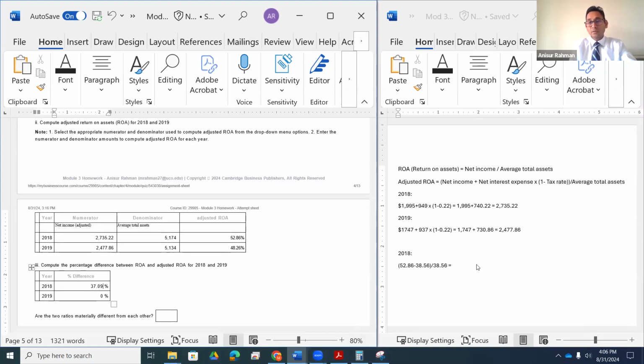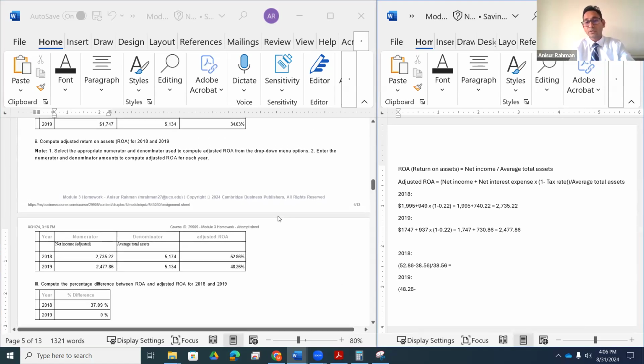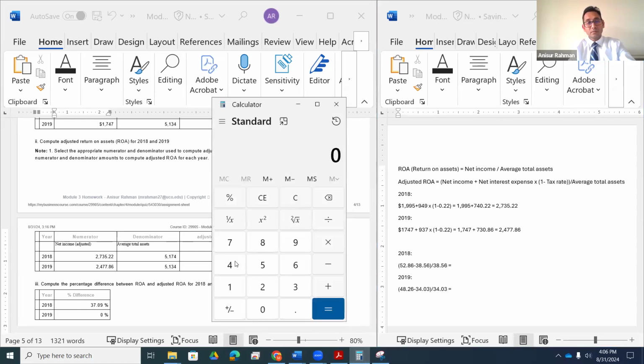Similarly, for 2019, we'll take adjusted ROA of 48.26, subtract ROA of 34.03, divided by 34.03. That is 41.82.